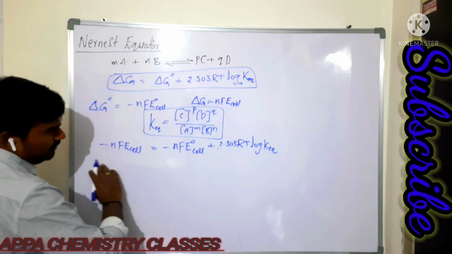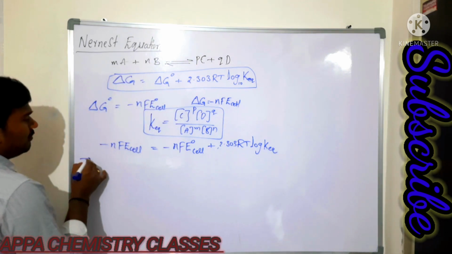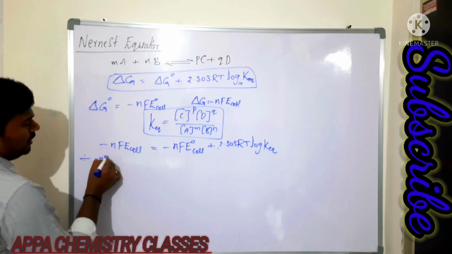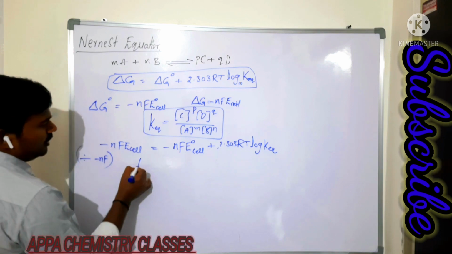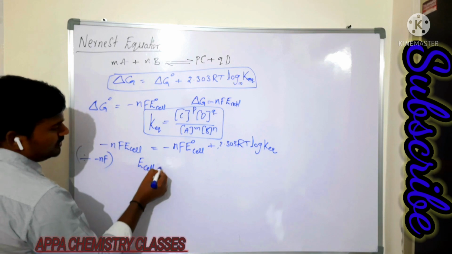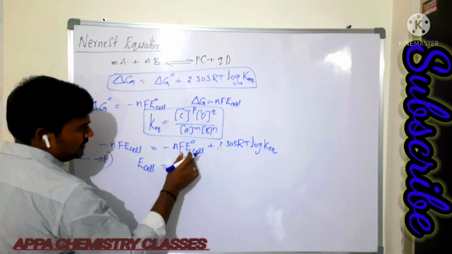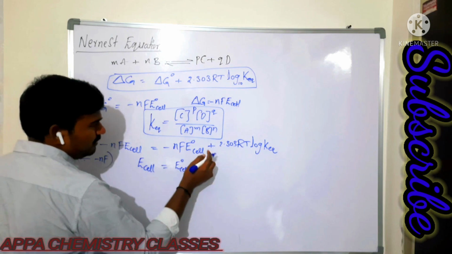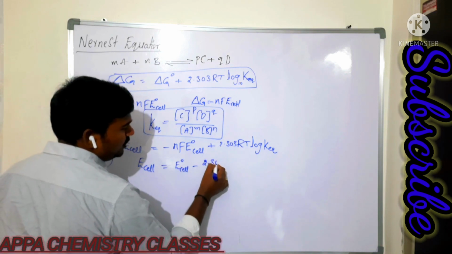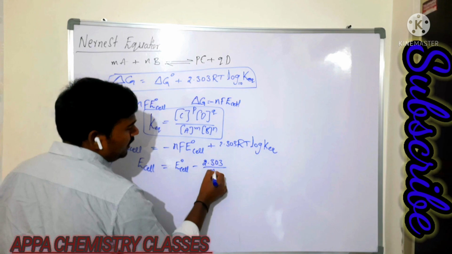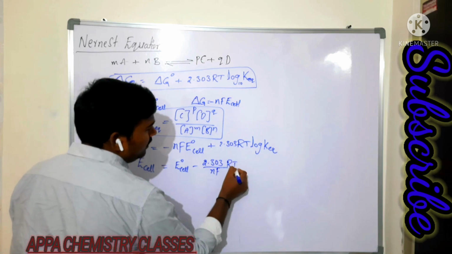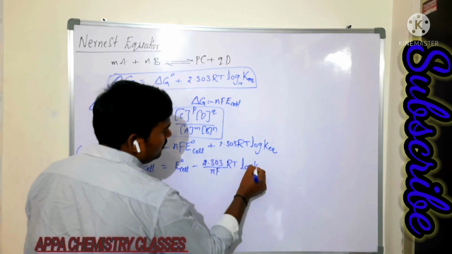Now here I am dividing the whole equation by minus nF. Then what is left over here? E cell is equal to E naught cell minus 2.303 RT by nF log of K equilibrium.